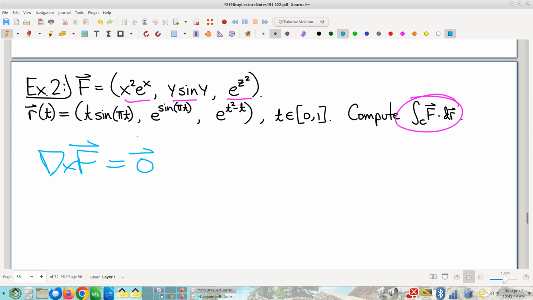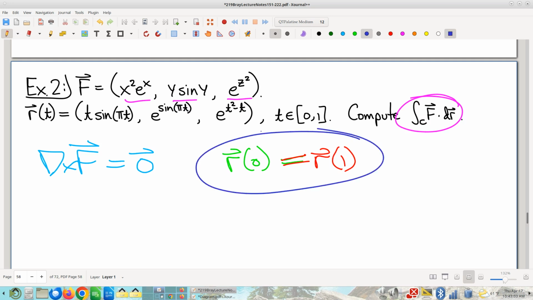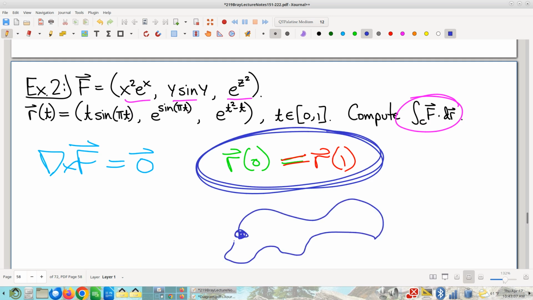And then you look at the endpoints, and it's going to turn out that the starting point, r of 0, will actually equal the ending point, r of 1, in this case. So you might say this curve, because it starts and then ends at the same point, doesn't really have a boundary.